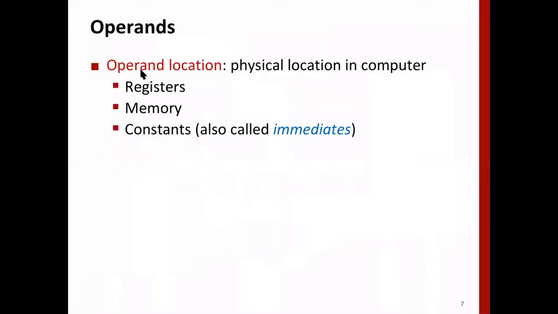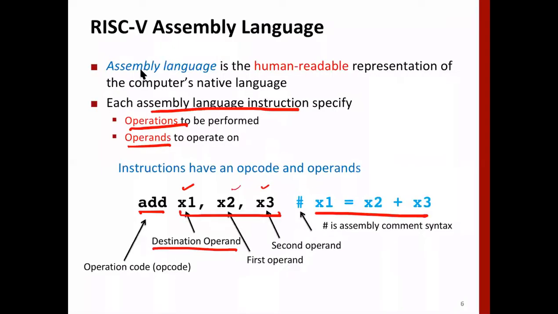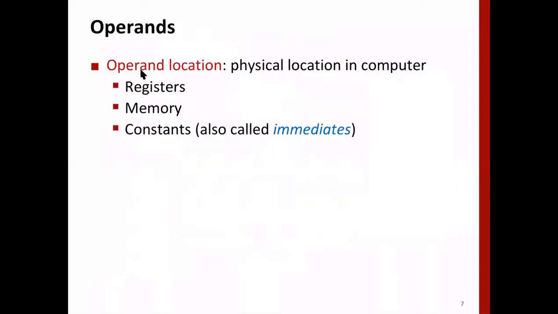Now the question is, where can all the operands be? In this case, the operands are all in registers. This is one operand which is a register, this is the second operand which is a register, and this destination operand is also a register. So operands can be in registers, which means the register contains the values on which we will operate using the opcode.